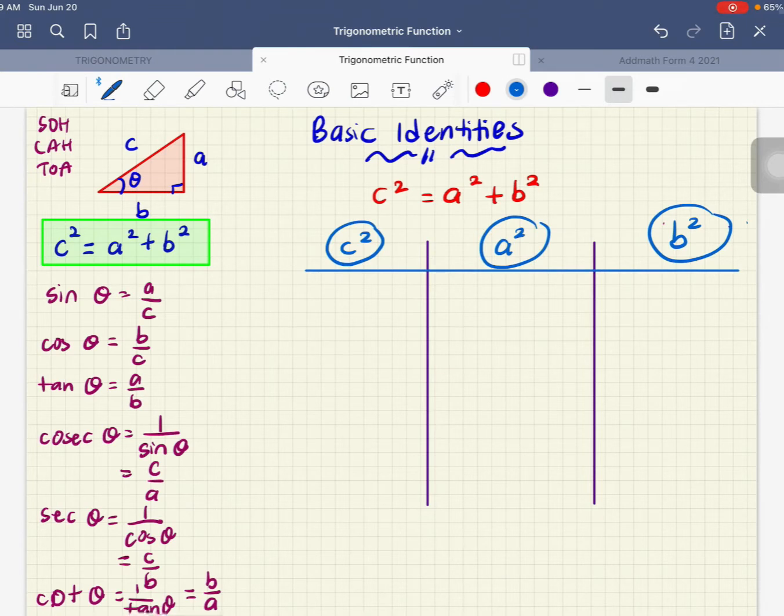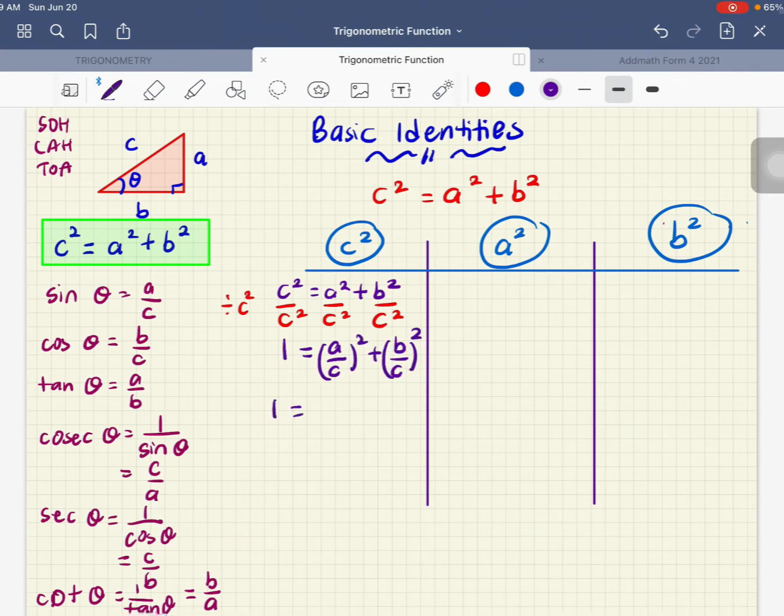Why? Because we want to find the 3 basic identities. So if I divide C squared equals A squared plus B squared by C squared, what happens is that C squared over C squared is 1. A squared over C squared is actually A over C squared, plus B over C squared, right?